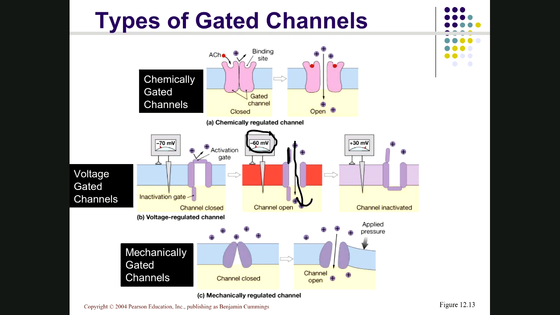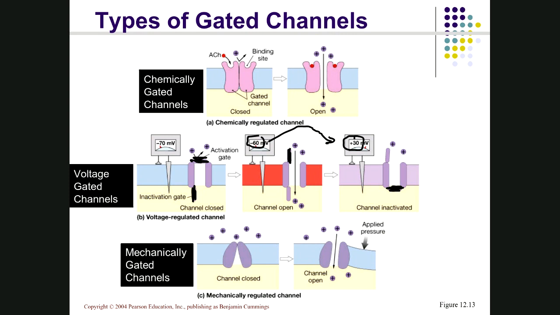But if you look at this channel, it has two gates. There's a gate and there's a gate. And they operate independently at different voltages. So at 60, this one opens. But look what happens if I change this to 30. This one closes.